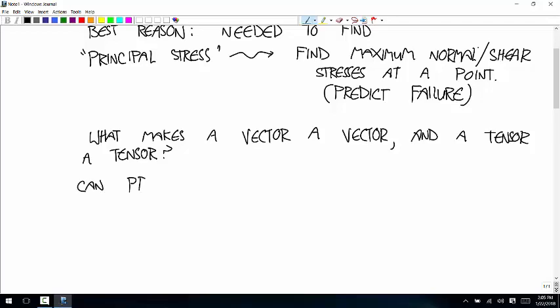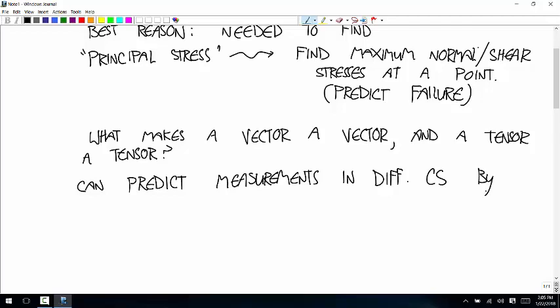Let's say you can predict the measurements in different coordinate systems by applying a coordinate system transformation.